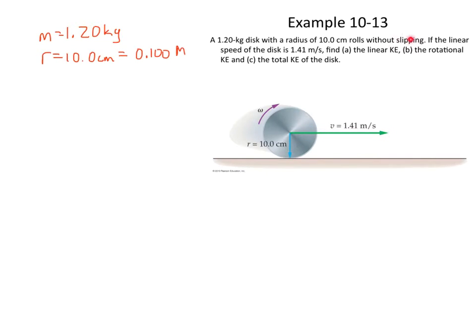That's important to know. Without slipping, that means that the linear velocity that it has is the same velocity that the whole system has as it's rotating over the floor or the ground right there. So it's not skidding.